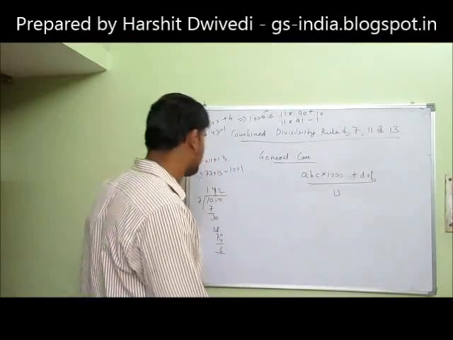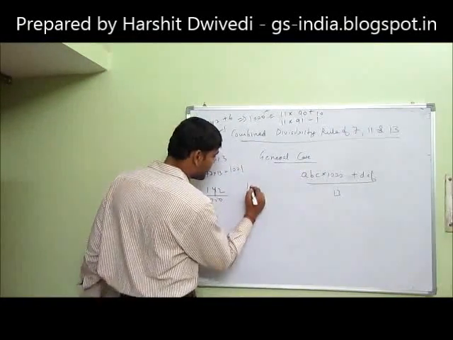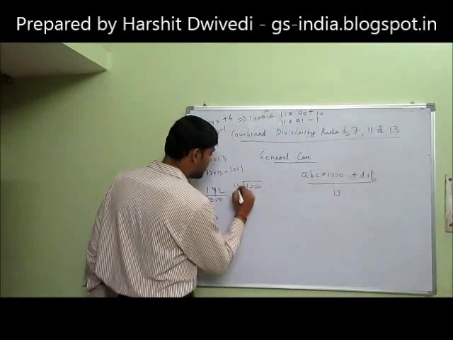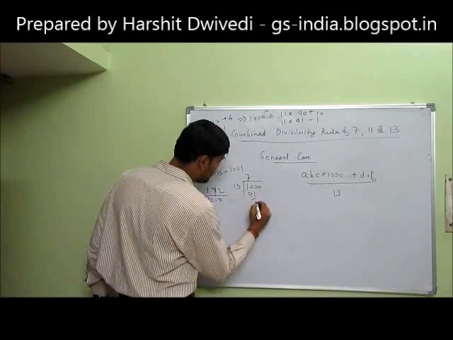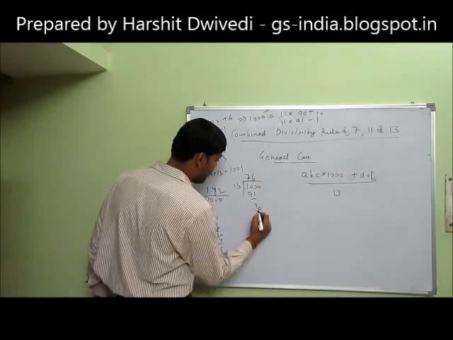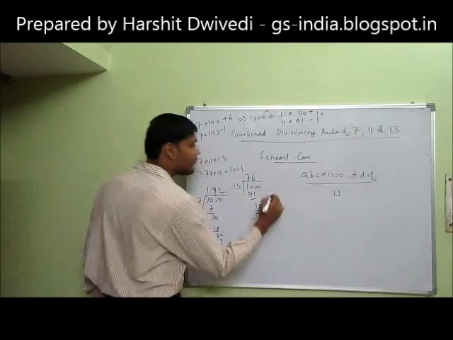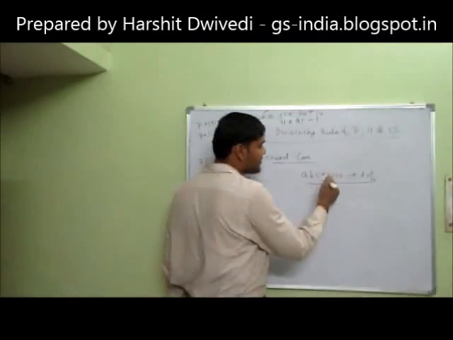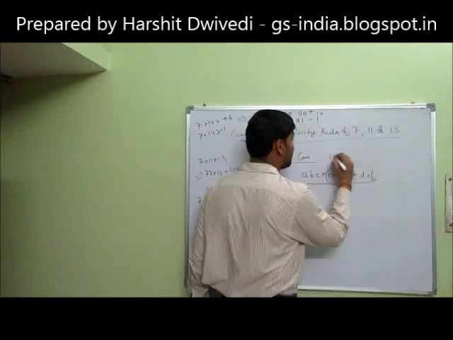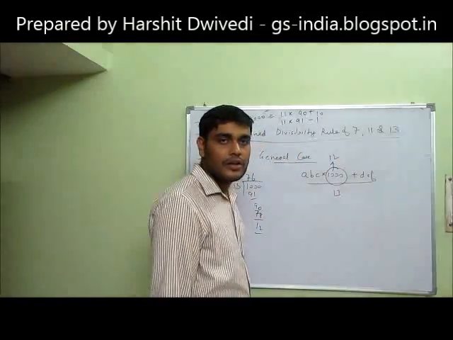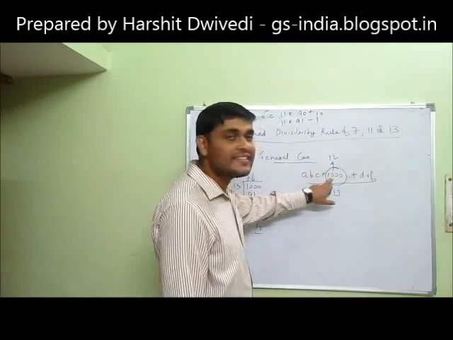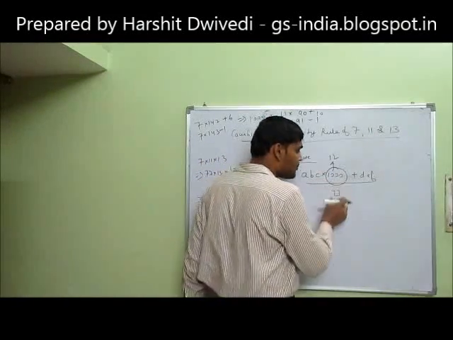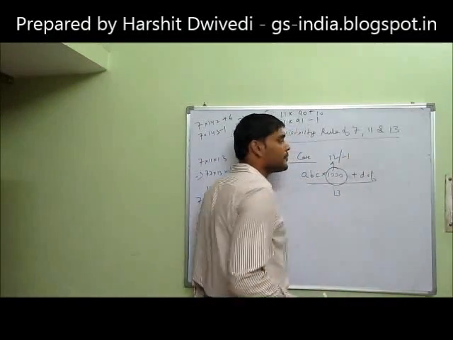ABC into 1000. Check the divisibility of 1000 by 13. You add 13, 91, 12. So the remainder when this 1000 is divided by 13 is 12. In the concept of negative remainders, we can say that when this 1000 is divided by 13, I will get the remainder as -1.